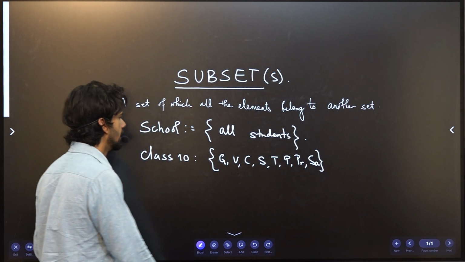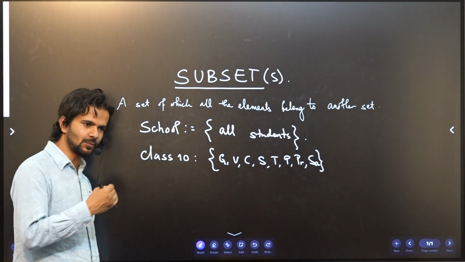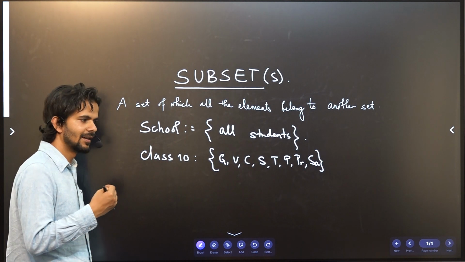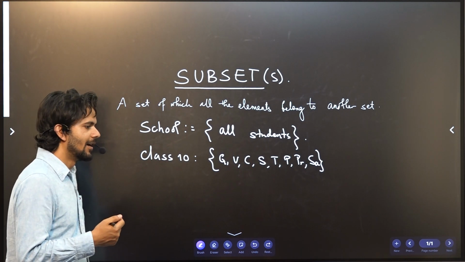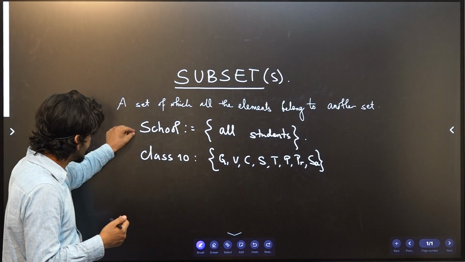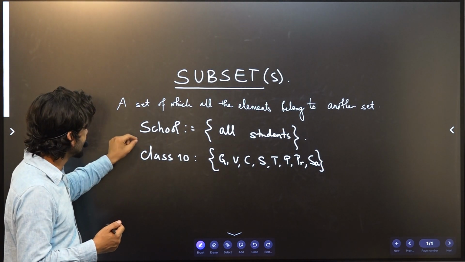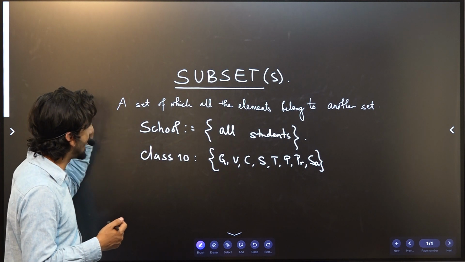All right. So what is the relationship between these two sets? The class 10 set is a subset of the school set. Why?